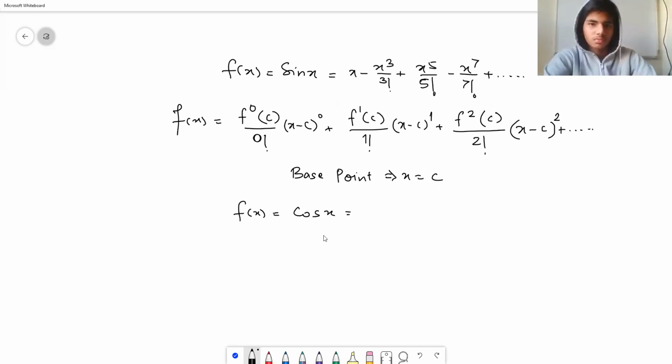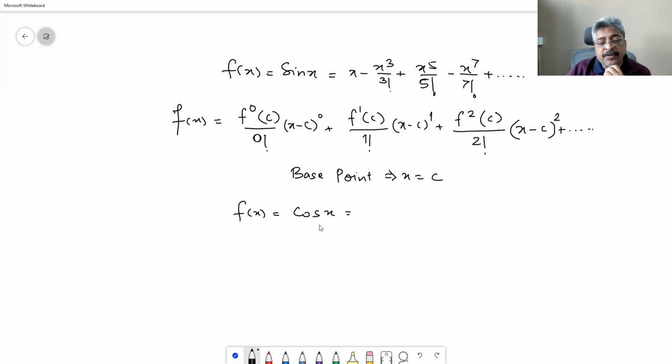In sin x the base point is 0. Find the expansion series of f of x equal to cos x, considering base point x equal to 0. Correct.